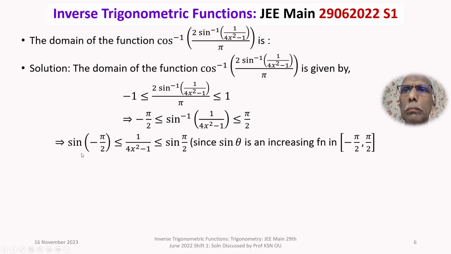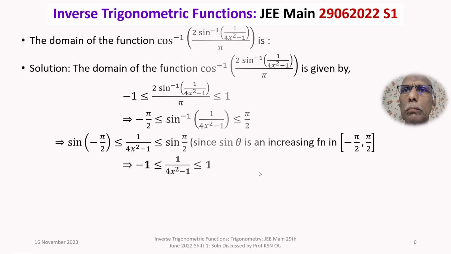Agreed. Sine of minus pi by 2 is minus 1, less than or equal to 1 by 4x square minus 1 less than or equal to 1. This is the final inequality for this one. Agreed.